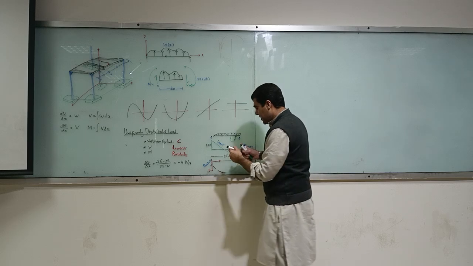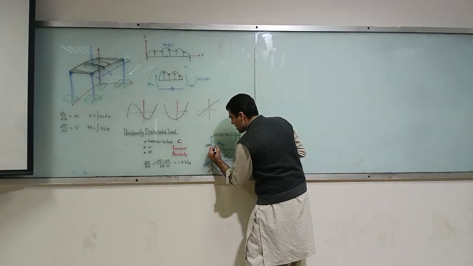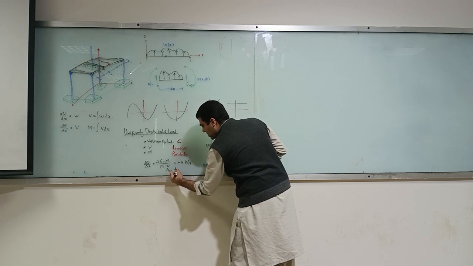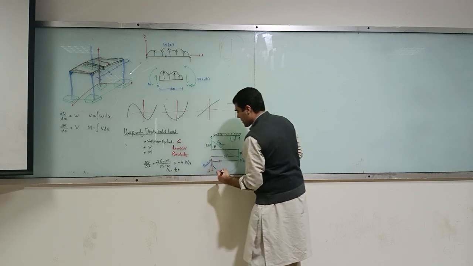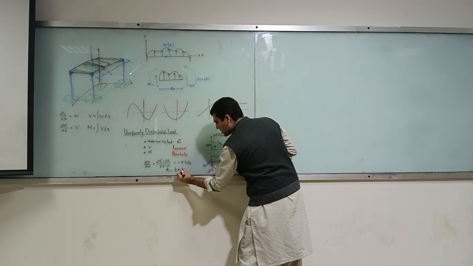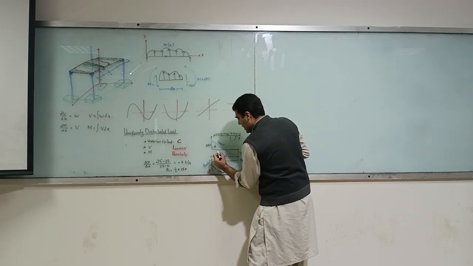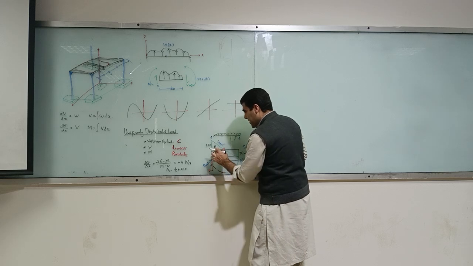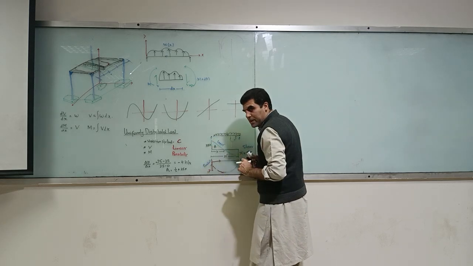The area A1 is equal to half into 25 into B, imagine this is B.